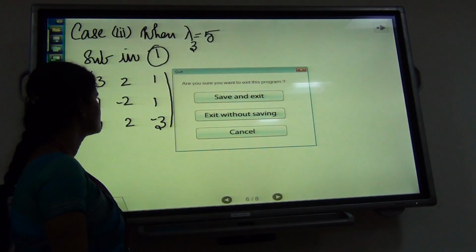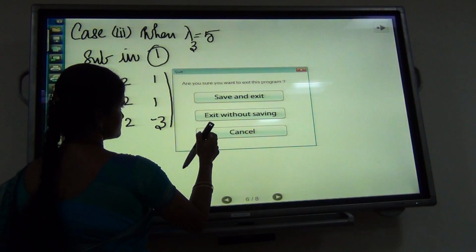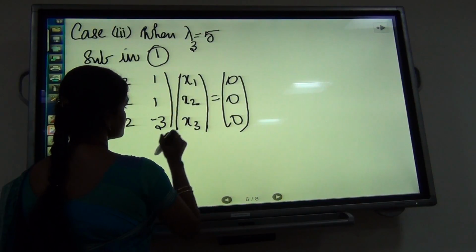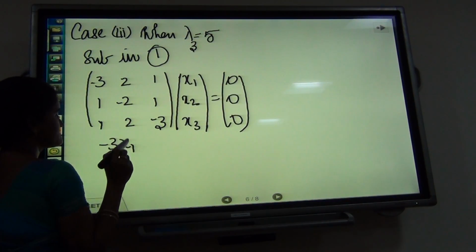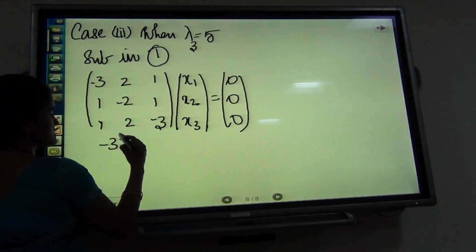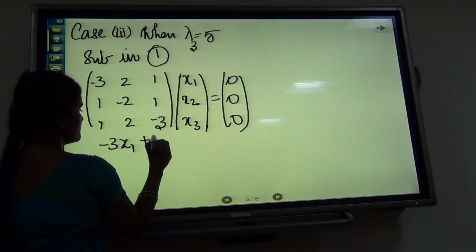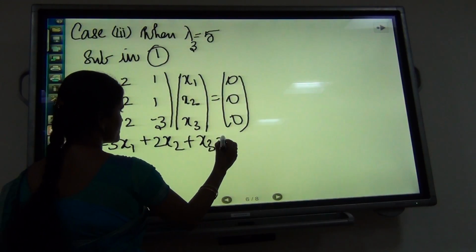Let us work on finding it. As we put that in equation form, it is first row into this column. Multiply this. So minus 3x1 plus 2x2 plus x3 is equal to 0.